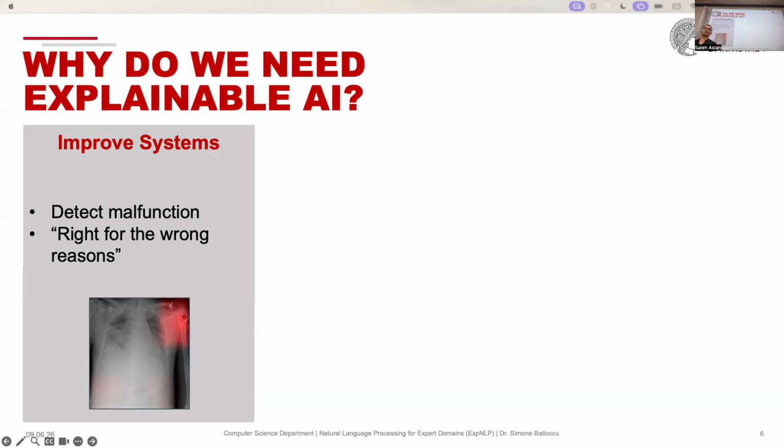But when we look into the reasoning behind the AI system, we realize that the AI actually looked into the right top of the image, not into the lung area. So that's counterintuitive. It shouldn't be looking at the shoulder area.